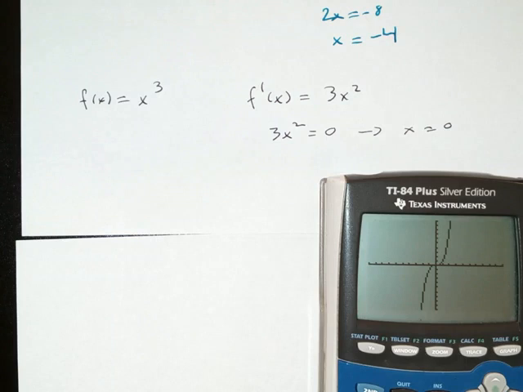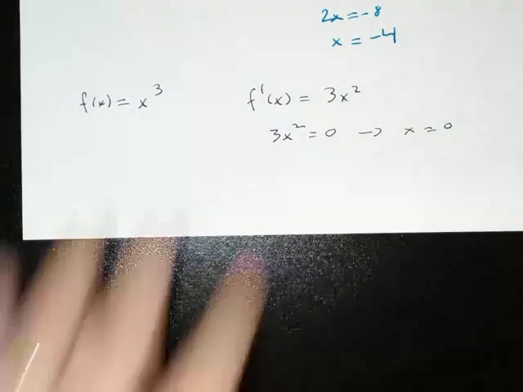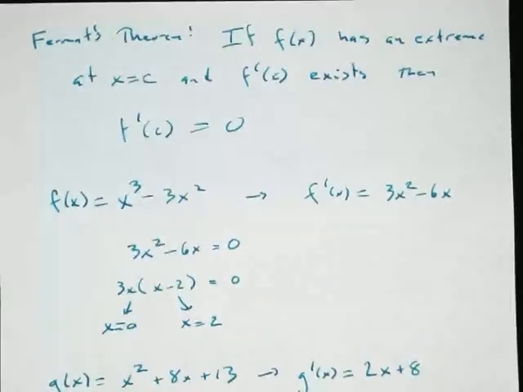So here's my problem with Fermat's theorem. Fermat's theorem tells me where I have a horizontal tangent line. It doesn't tell me where I have an extreme. It tells me where my candidates are. Because remember, that was the if part of the statement: if we have an extreme and my derivative exists, then the derivative has a value of 0.